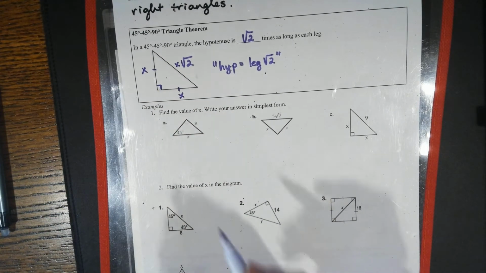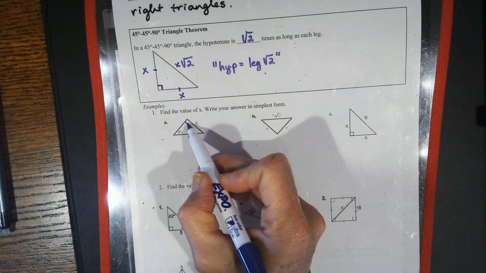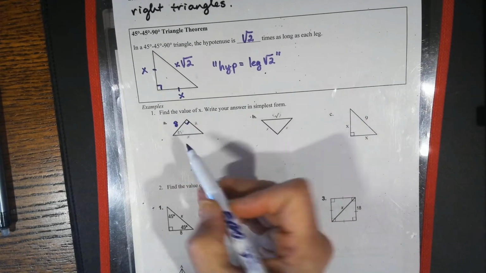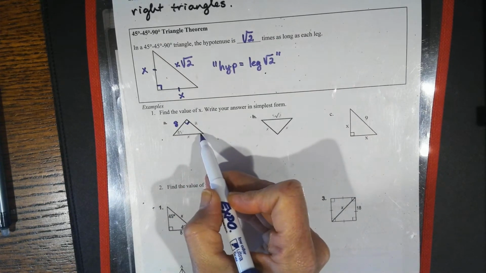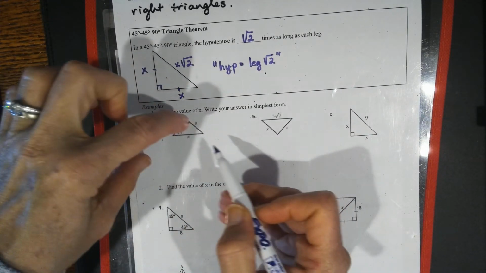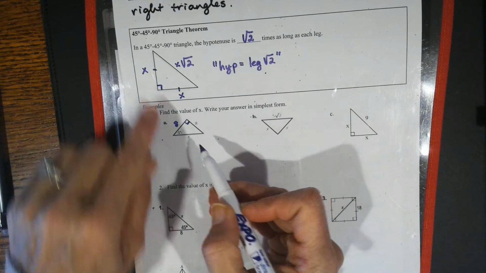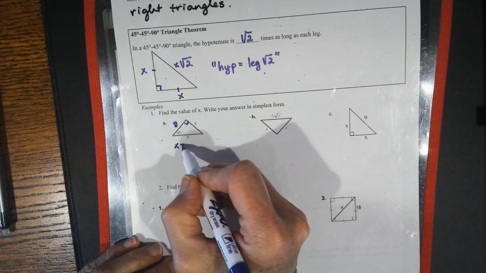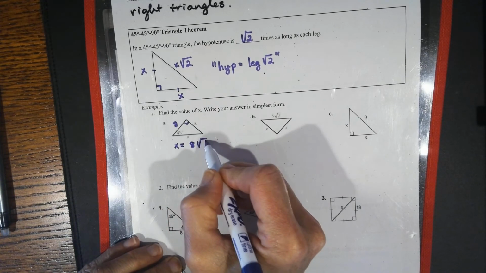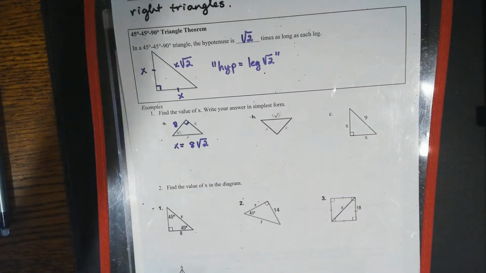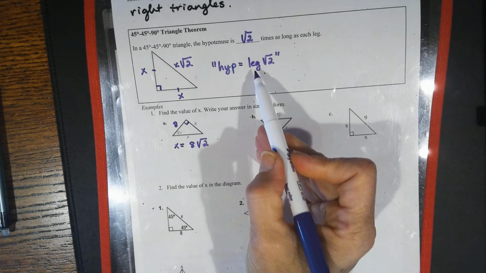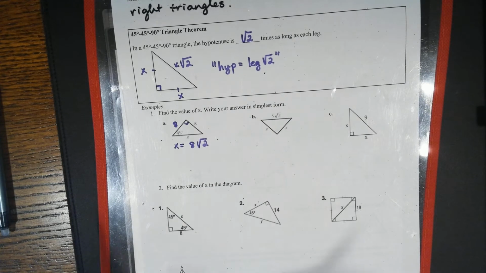Find the value of x. Well, this leg is 8. That means this leg is 8. And so if I want to find x, this is upside down, right? But if it were facing that direction, and x is the hypotenuse, x is 8 times the square root of 2, because it's equal to the leg times the square root of 2.